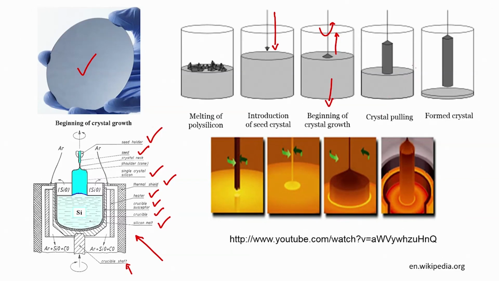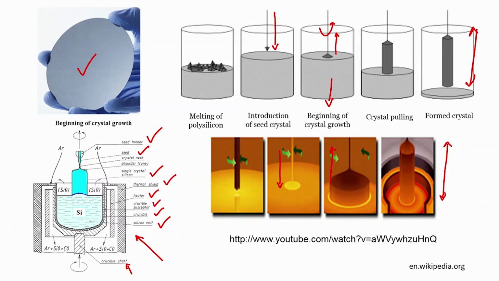When you keep pulling, it forms single crystal silicon, and at the end you will see the boule that we were looking at in the last slide. So, this is how the boule is made. You can see the molten silicon, the seed crystal is inserted, and now it is pulled back, and once it is pulled back you can form a single crystal silicon rod or boule.